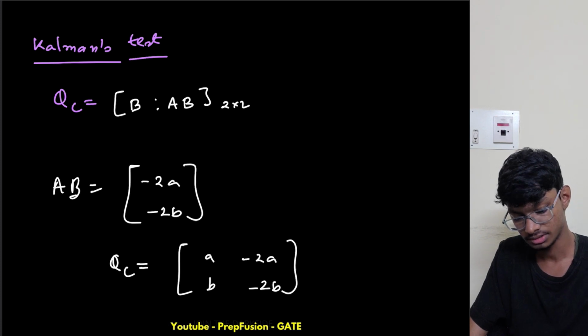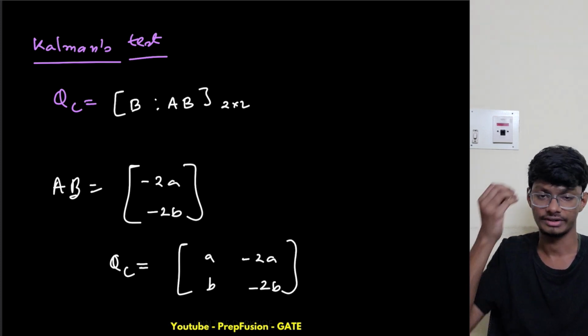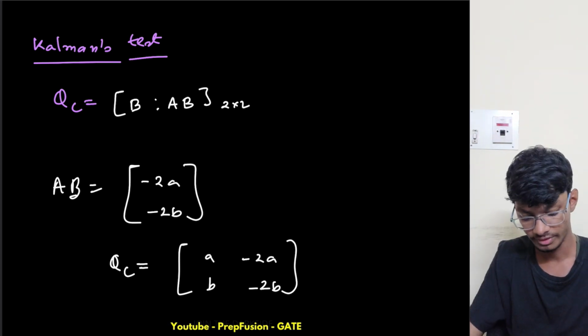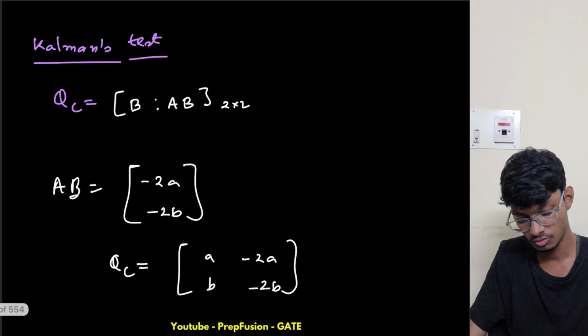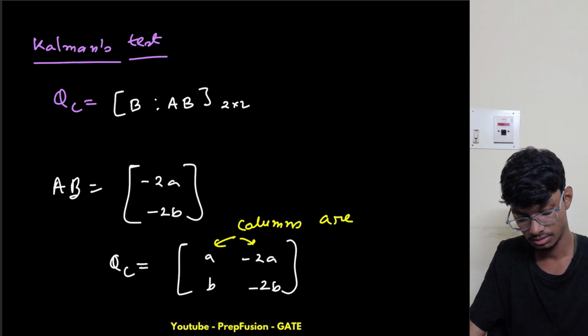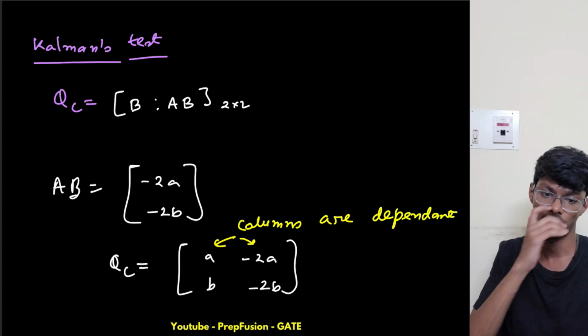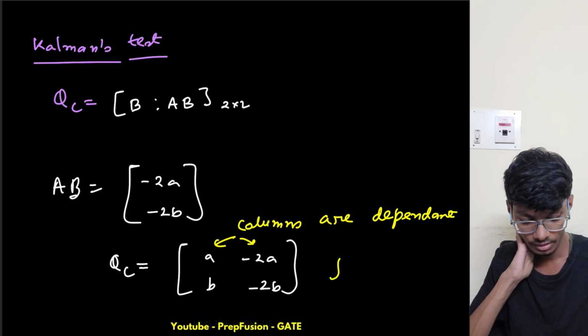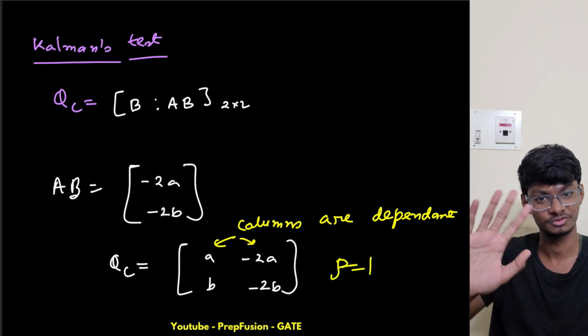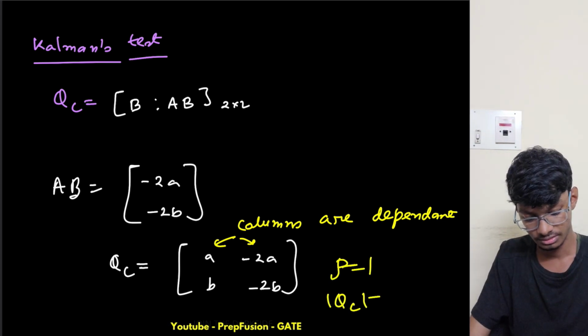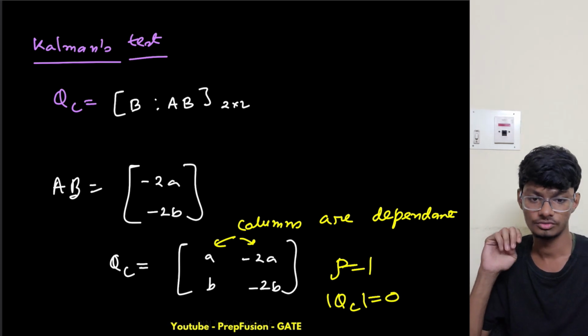We can see that these two columns are dependent, so the rank will be 1, or just go through the determinant. My Qc determinant will be 0.